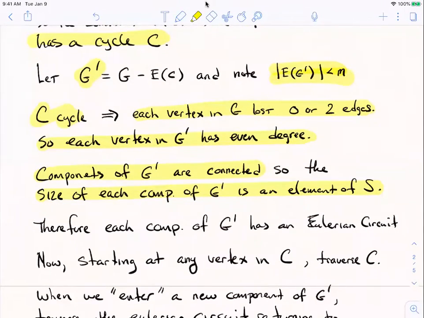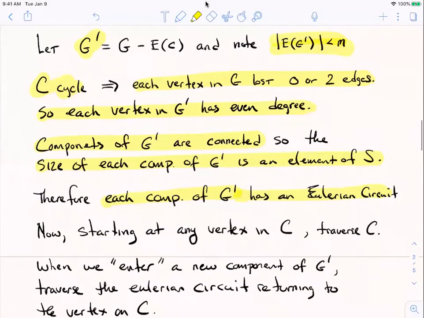So all of that is a long-winded way of saying that every one of those components of G prime satisfies the induction hypothesis. So they all have Eulerian circuits. That's the induction part, the hypothesis.